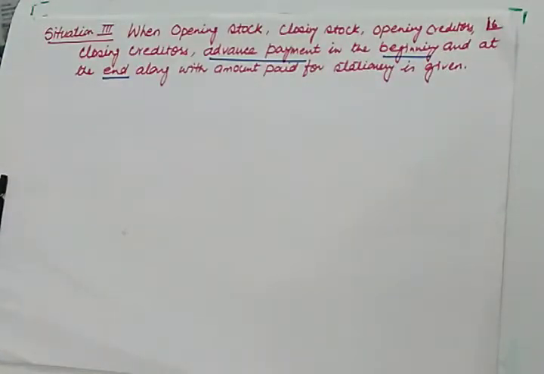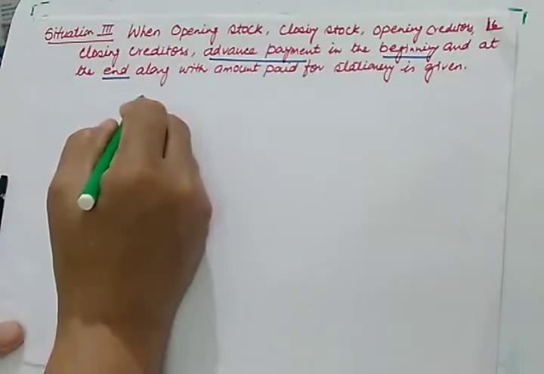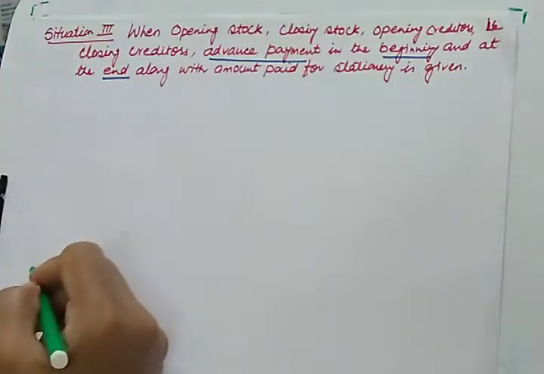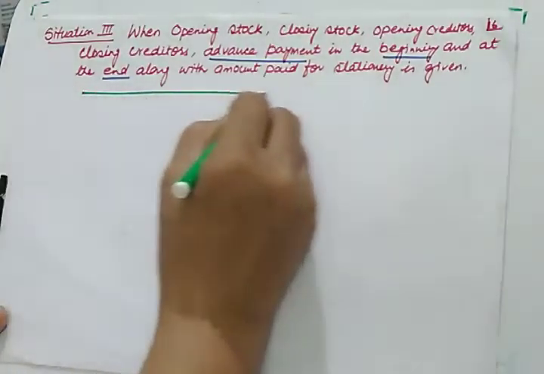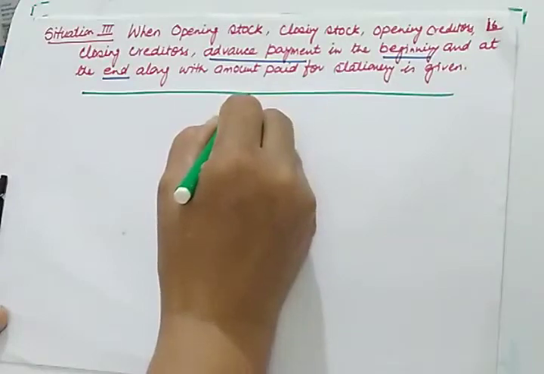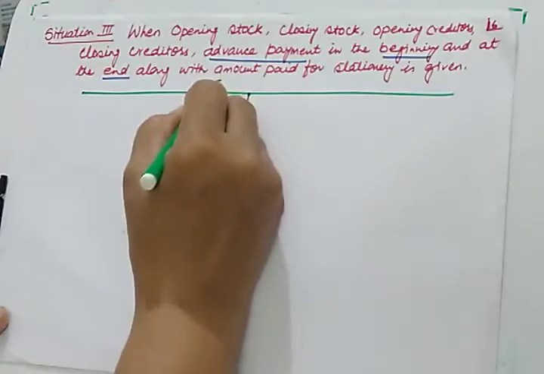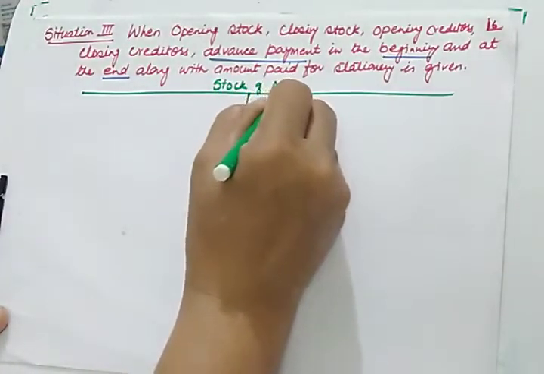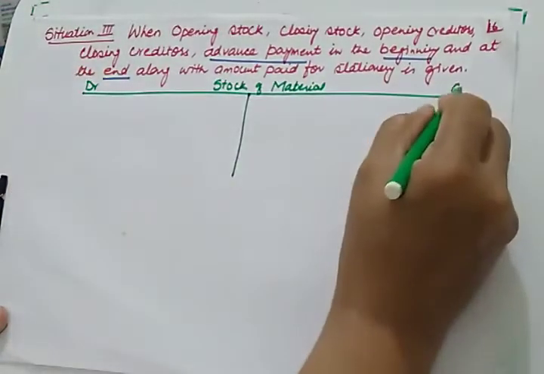In this case, first of all, I would like you to prepare the ledger. So I am making a ledger of stock of material consumed. Then we'll go by the student friendly method, or statement method. First I am making the ledger of stock of material, debit, credit.